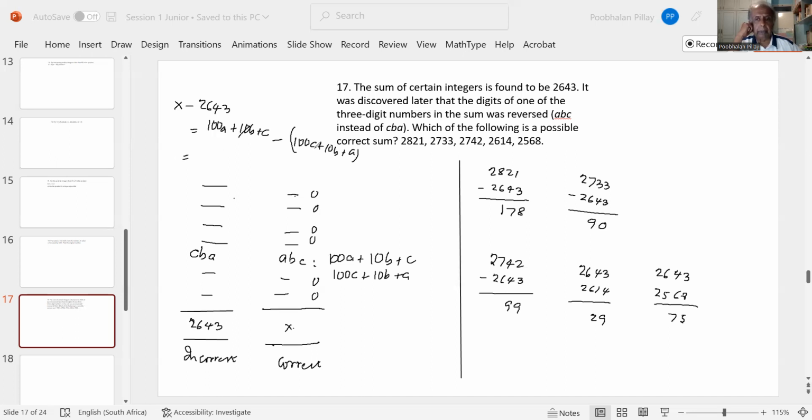Now the 10B and minus 10B cancel. I don't want to do it like that.